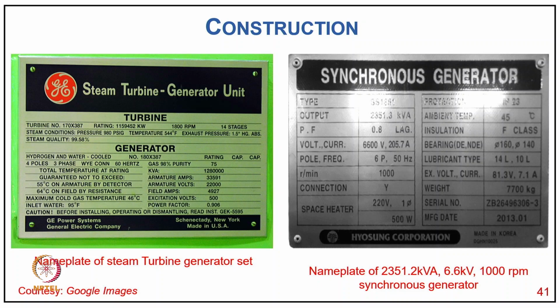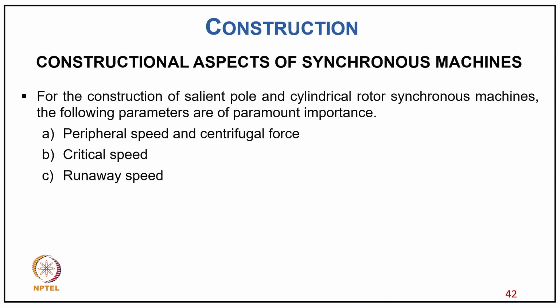Then another steam turbine generator nameplate, you can clearly see here what specifications are given, starting even with the type of cooling, then the rating, kV rating, typically 12.8 MVA, and on the right side another generator rating of 2351.2 kV, 6.6 kilowatt, 1000 RPM synchronous generator.